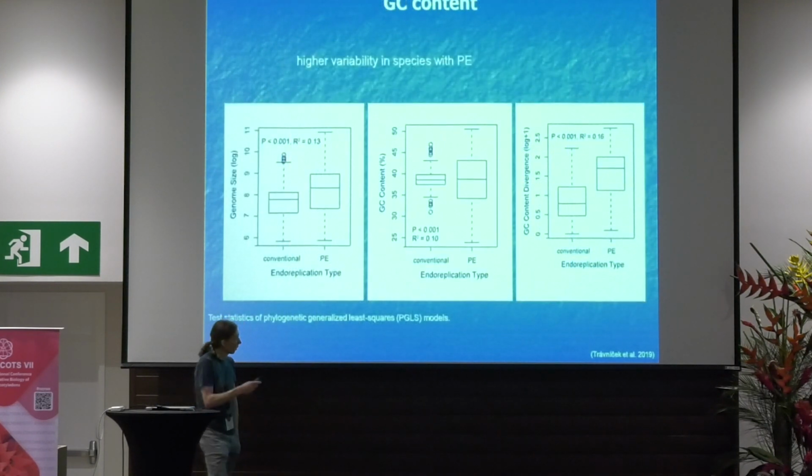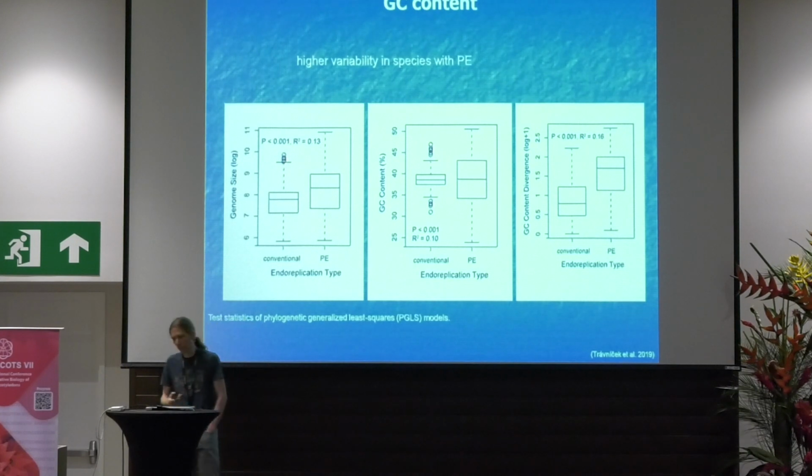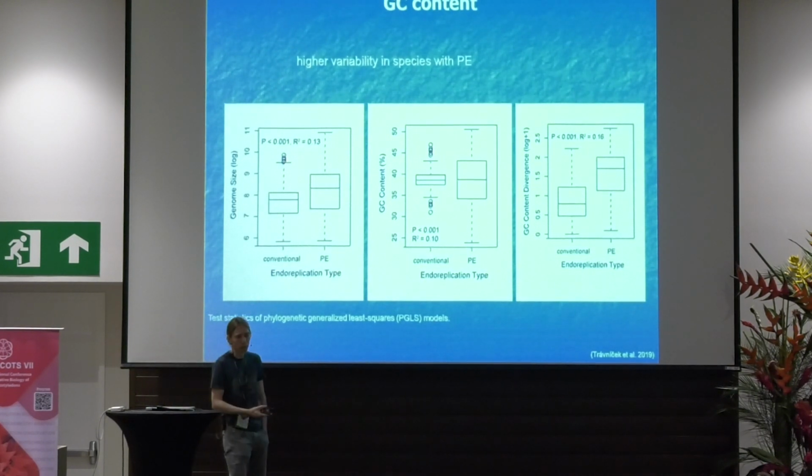These are a little bit older pictures done for orchids as a whole from our 19 paper. And the first picture shows something very similar or nearly the same. It works also for orchids as a whole. Species with conventional endoreplication have smaller genomes. Those with partial endoreplication have larger genomes. But here is also some comparison of GC base pairs content in genome. And you can see that it's conserved in species with conventional endoreplication, but highly variable in species with partial endoreplication.